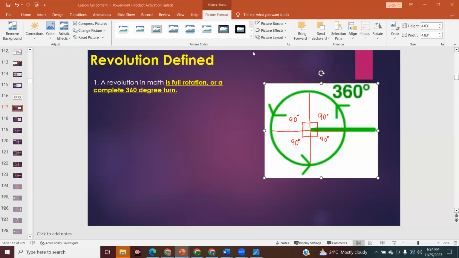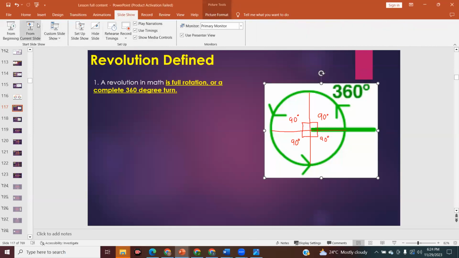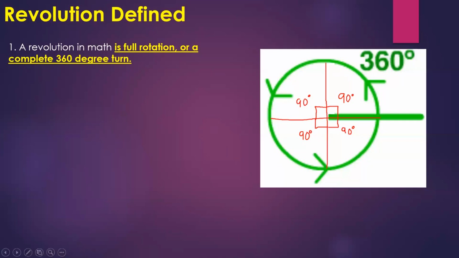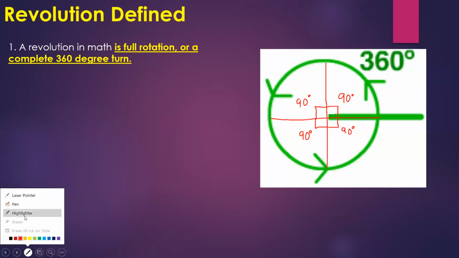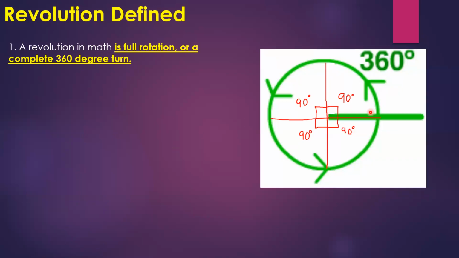So if you look carefully, a revolution is, like we said, a complete turn. On the right-hand side, it's a complete 360-degree rotation. You start at this point and you go all the way around. That's what we call one what? One revolution. Very good. From here to here is how many degrees?